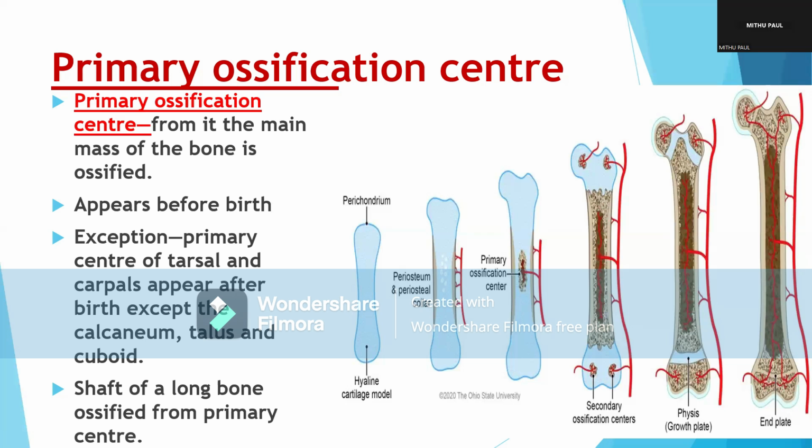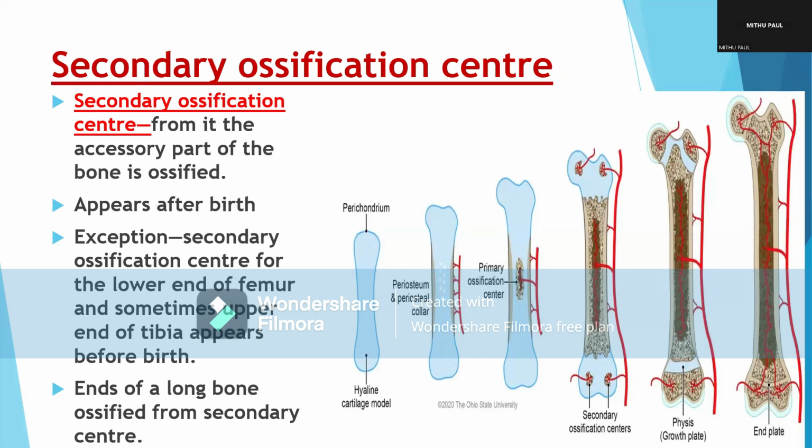But the primary ossification centers for the other carpals and tarsals appear after birth. Though they are primary, their ossification centers appear after birth. This is an important exception, and you must remember this.